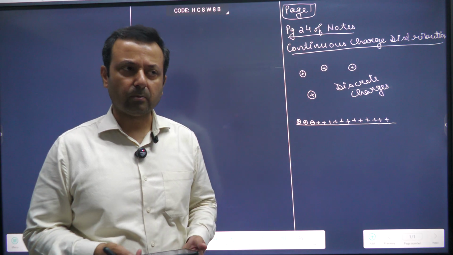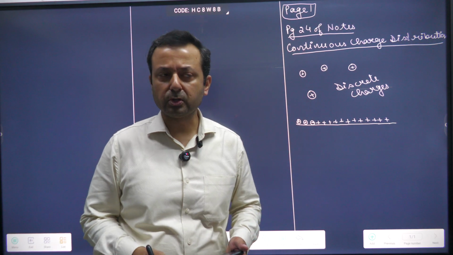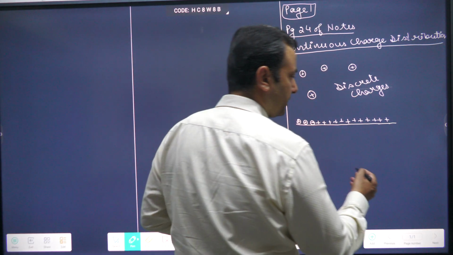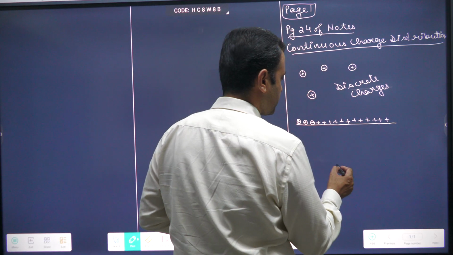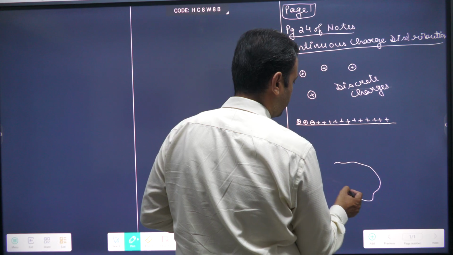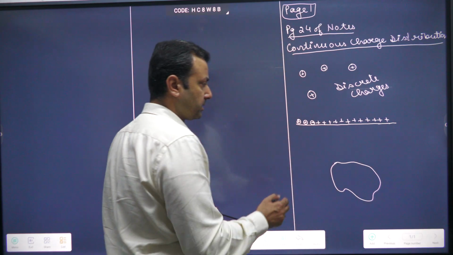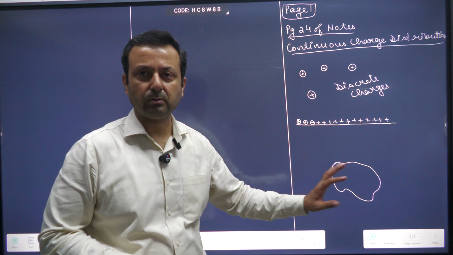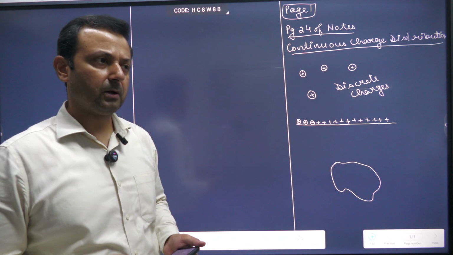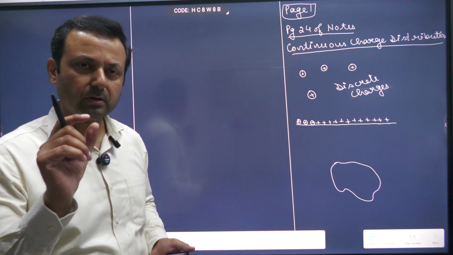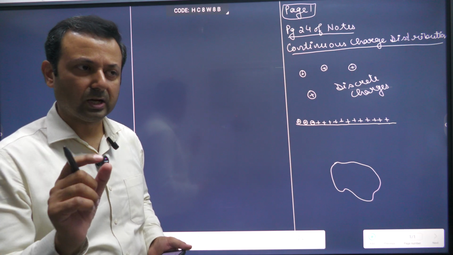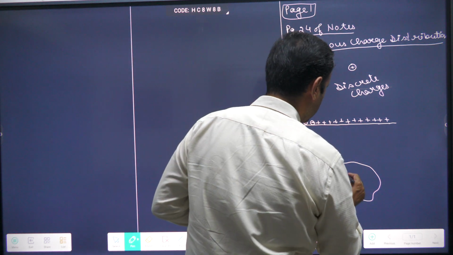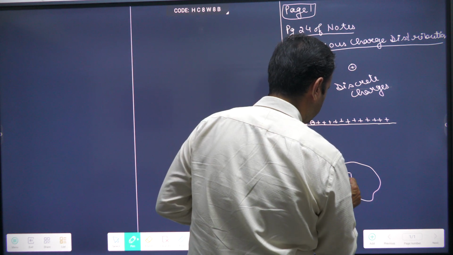Suppose we have a shape like this, and throughout this shape the charges are distributed uniformly. Let us consider a small charge element on this surface, like a cube.